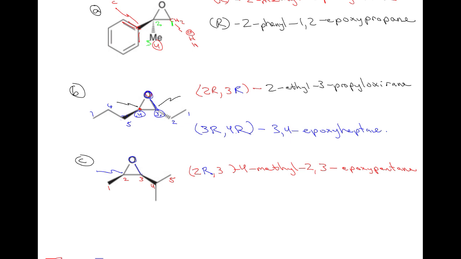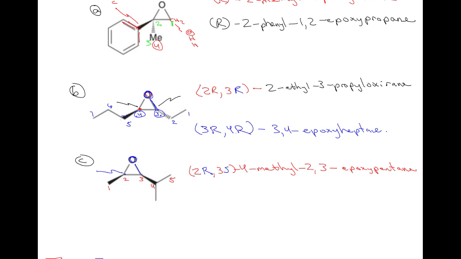Again, the lowest priority group, the hydrogen, is not drawn, but that's in back. For carbon number 3, I'm going to do the same thing. I'm going from the oxygen, of course, again to carbon 2. So therefore, I am going counterclockwise, and my lowest priority group is in the back. So it's going to be 2R, 3S.